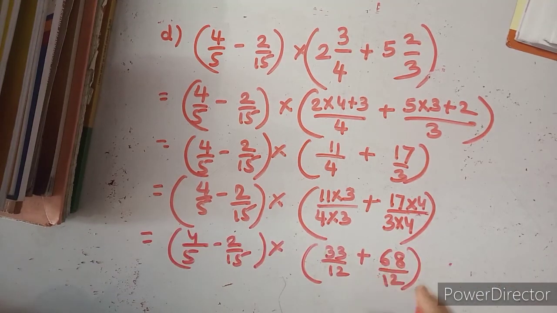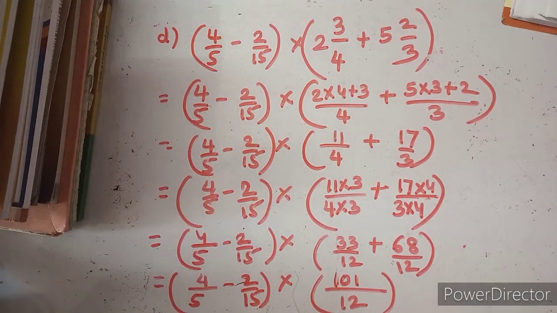Now you can see that we have the common denominator, that is we have converted into like fractions. So easily we can go for the addition of these numbers, and similarly we need to take the LCM of these two numbers, and we have to solve this bracket as well.